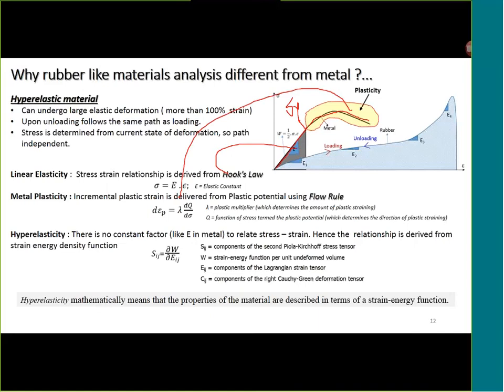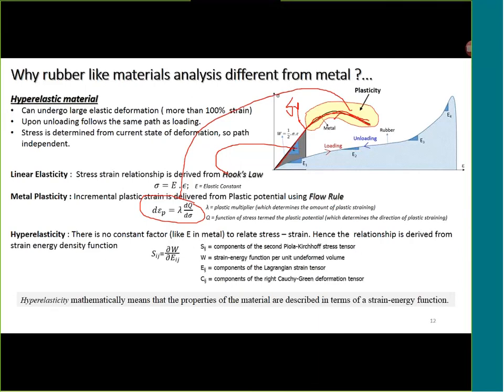Since the physical behavior of the metal is quite different from elastomers, we can't use the same mathematical aspects to capture the response of elastomeric materials. In metal, the deformation that happens in the plastic zone is not recoverable.